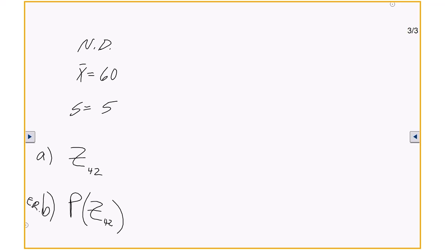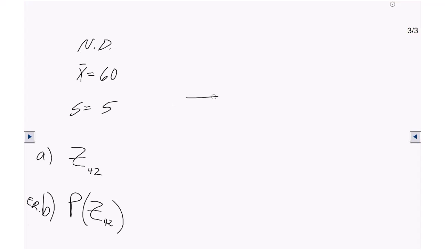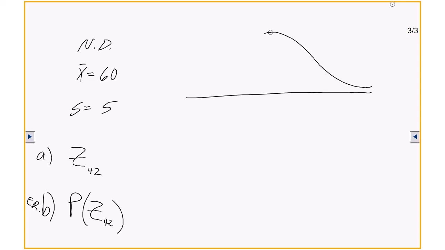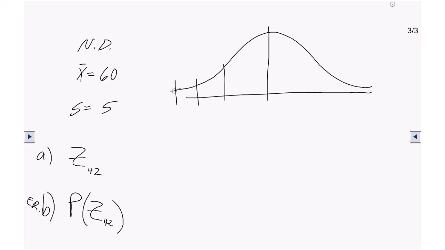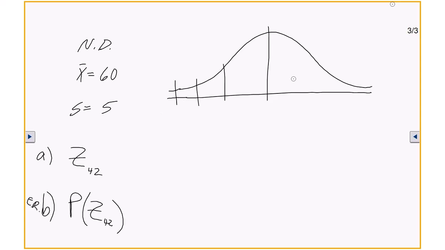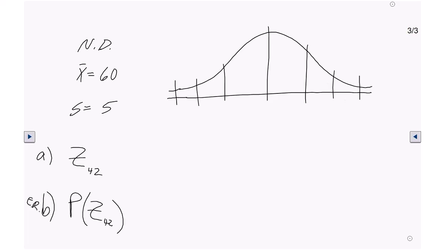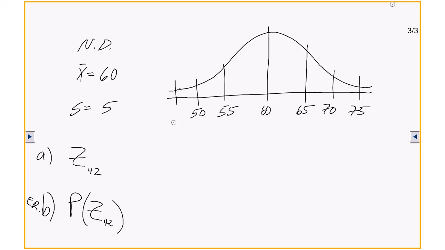So first of all, I'm going to draw the picture because I need to see it, because I don't know everything like some folks do. So 60, 65, 70, 75, 55, 50, and 45.